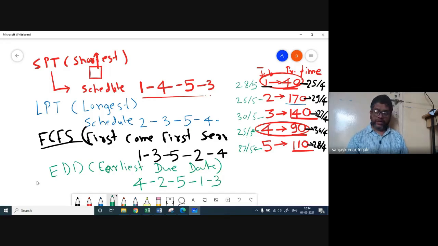So earliest due date is a widely used criterion in industries to avoid penalty. Even in this case one or two jobs may be late, but at least it will reduce the penalty.